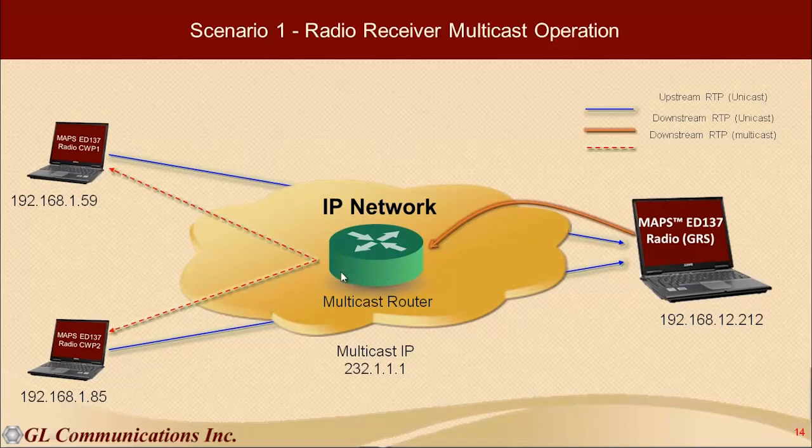As soon as the IP router receives the packet, it will send those packets to all the IP addresses registered in the routing table, to all the individual CWPs. The advantage of this mechanism is that the radio avoids the burden of maintaining multiple unicast sessions to the individual CWPs, and it also helps in reducing the bandwidth by sending only one copy of a stream to the IP multicast router.